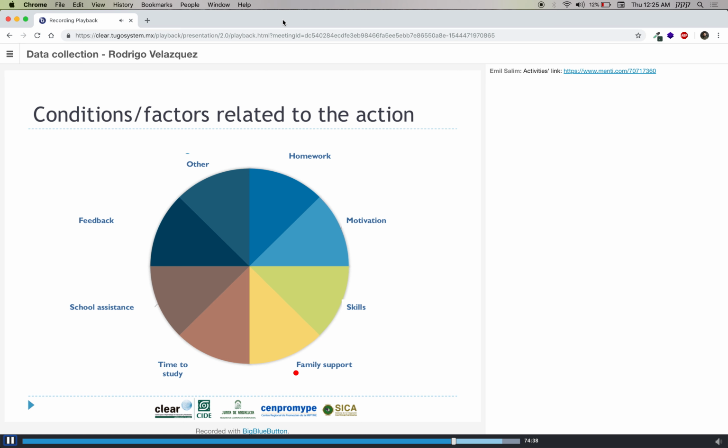And with this type of studies or data collection or data systematization, we can be sure, and of course, it is going to be more likely that the public action or program is going to be successful. So in this case, we do not need to only search for evidence concerning the effectiveness of a program, but also we have to take into account the conditions related to this action.